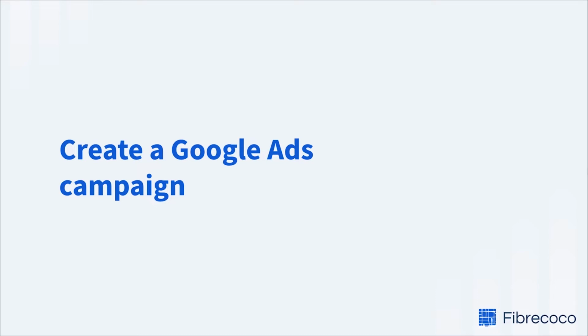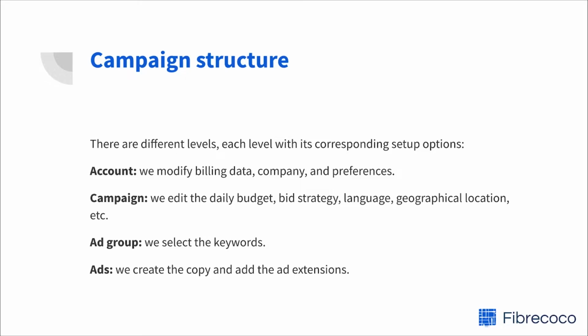Before sharing with you my screen to create your first Google Ads search campaign, let's have a look at the campaign structure. There are different levels in Google Ads. Each level has its corresponding setup options. At an account level, we can modify billing data, company data, preferences.